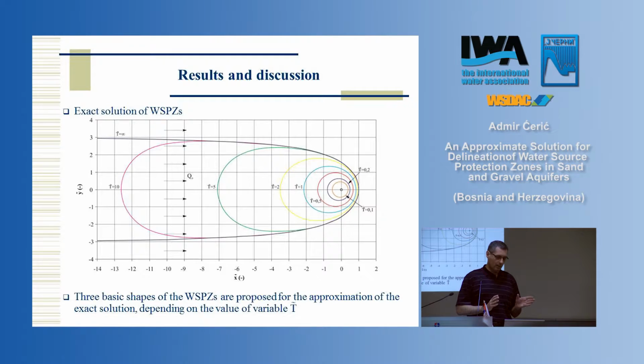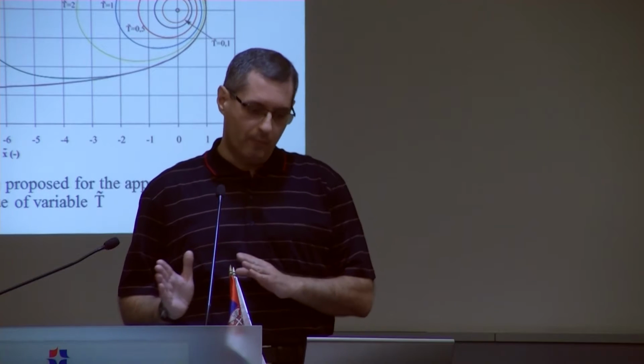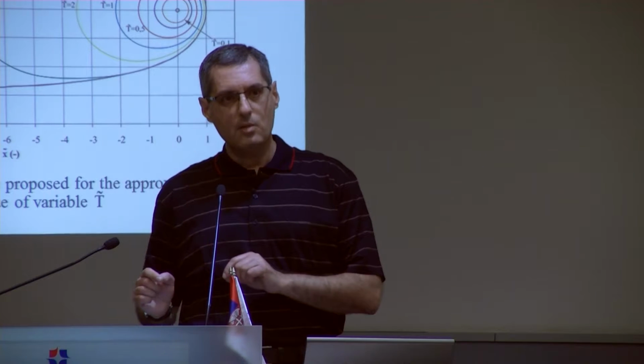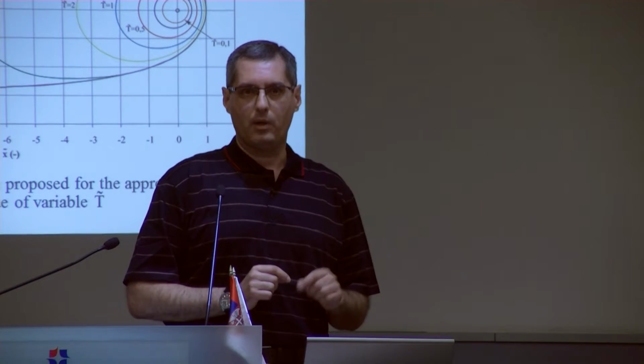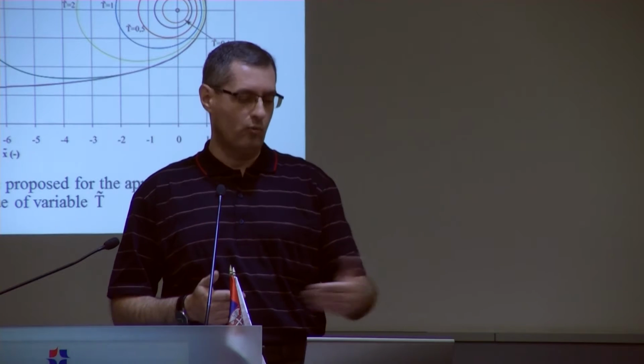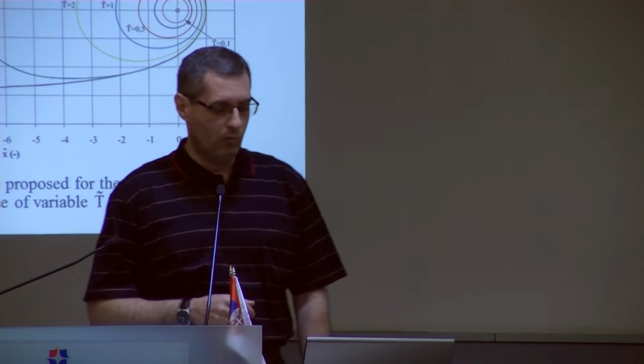As the residence time increases, in the range from 0.1 to 1, these water source protection zones still resemble circles, but now they appear eccentric to the well. And the center of this circle, or near circle, is moved in the upstream direction, actually into the direction from where the ambient groundwater flows.